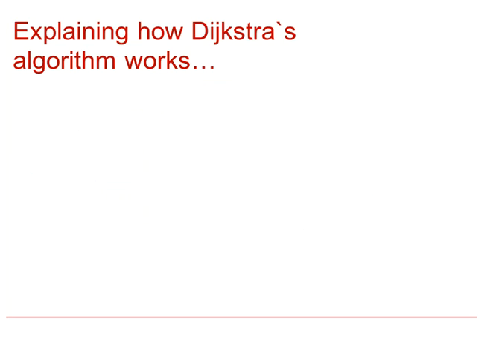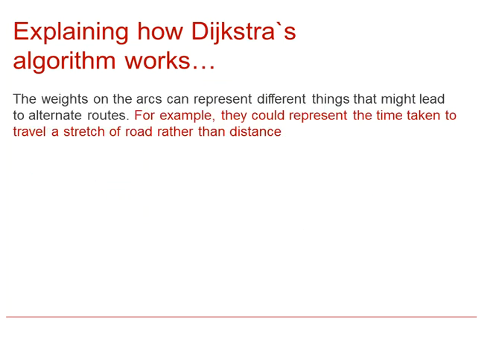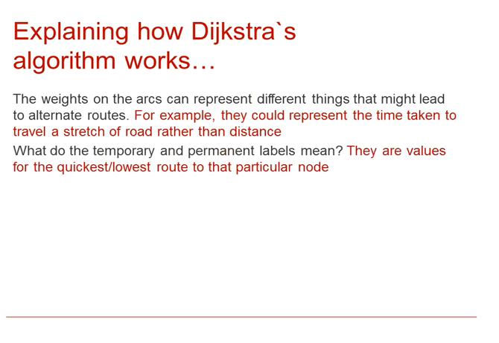So let's just talk through how the algorithm works. The weights on the arcs can represent different things that might lead to alternate routes, possibly time rather than distance. So what are the temporary and permanent labels? Well, they're the values for the quickest or lowest route to that particular node. And if we find a lower one, then we choose that instead.